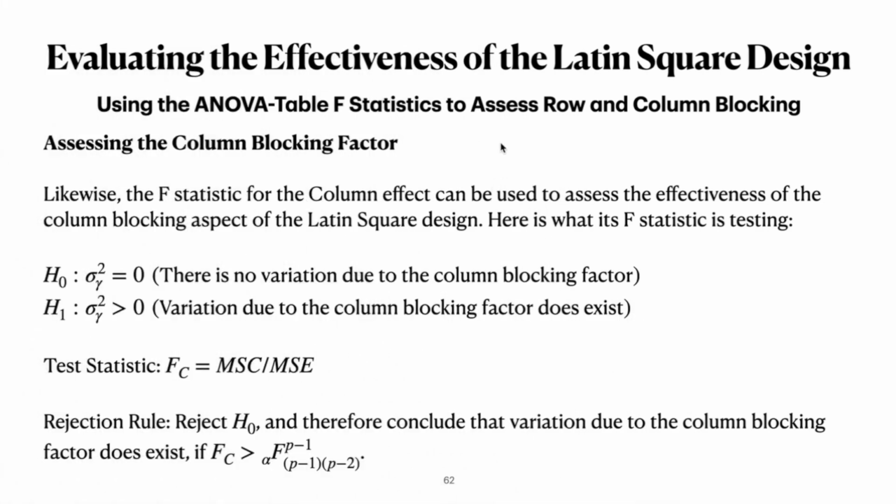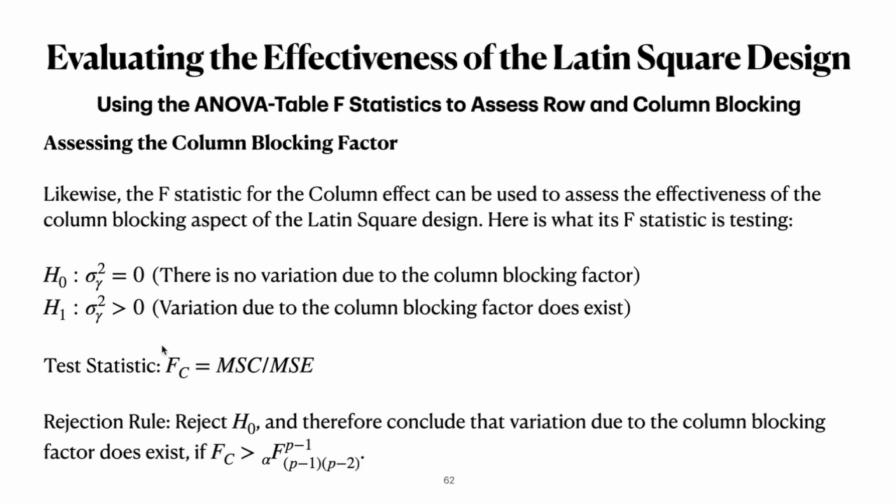Likewise, the F statistic for the column effect can be used to assess the effectiveness of the column blocking aspect of the Latin square design. This is what its F statistic is testing. Again, the null hypothesis for this test is that there is no variation due to the column blocking factor, in other words, that sigma squared sub gamma is equal to 0. The alternative hypothesis is that sigma squared sub gamma is greater than 0, which indicates that variation due to the column blocking factor does exist.